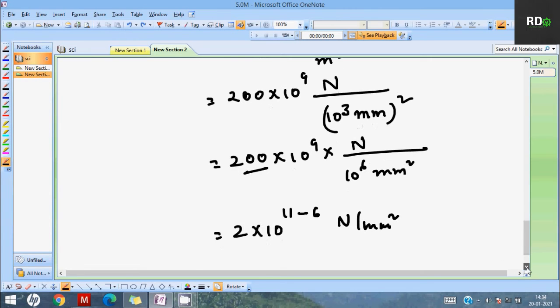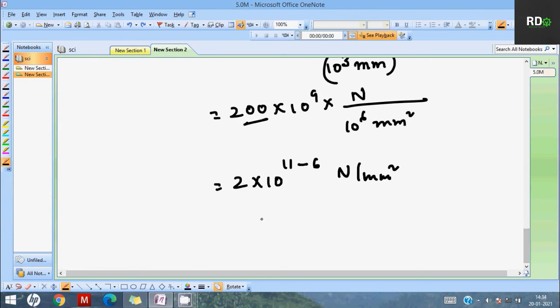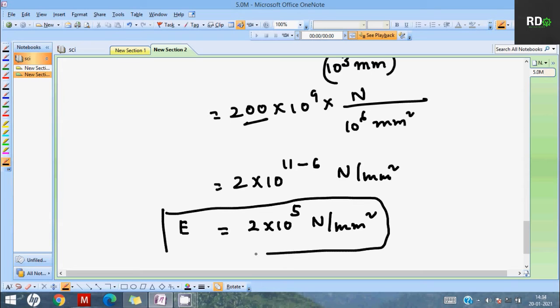It can be directly written as 2 into 10 to the power 5, but I'm showing you so that you feel at ease. So your E value is 2 into 10 to the power 5 Newton per mm square.